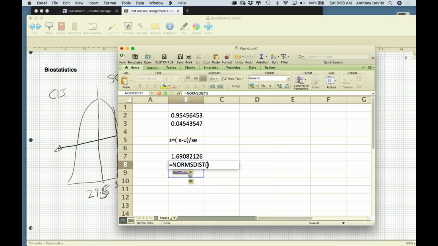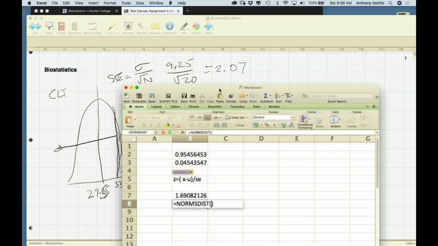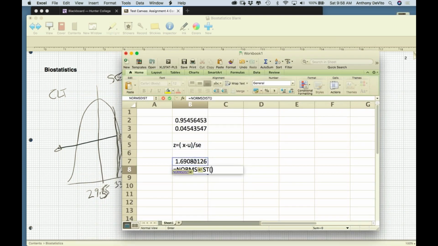So if I put the z-score in there, I can either type it in or I can just click in there and have it use that number. If I hit enter, I get the same value as I got before, right? So you can use either one of those two functions, norm.dist, and if I click in here, you'll see the function norm.s.dist, norm standard distribution. Okay, so you can use either one of those two.